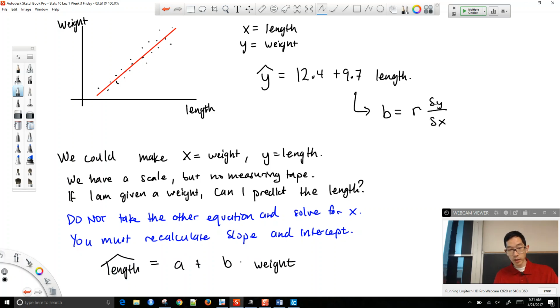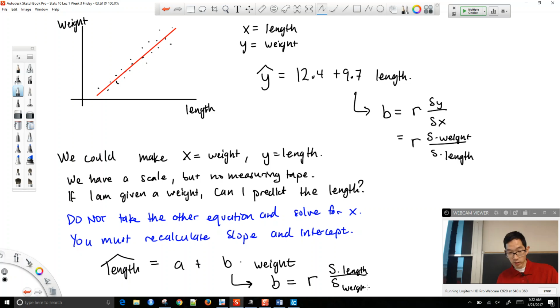And so now that you have swapped sy and sx, so over here it is r times sy, which is s weight, divided by s length, right? Over here, now that x is weight and y is length, this slope here is r times the standard deviation of length over the standard deviation of the weight.